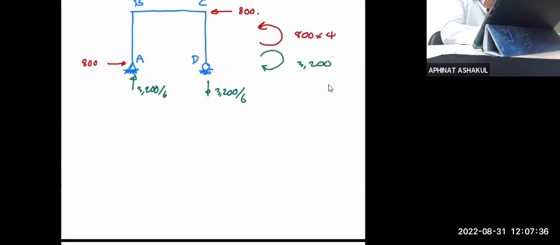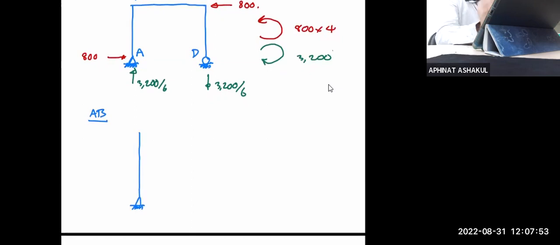let's take a look at the free body diagram of member AB. Okay? I use a lot of colors. Okay. 800 is there.